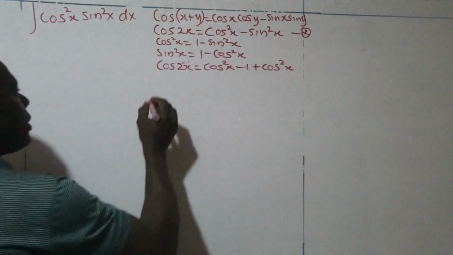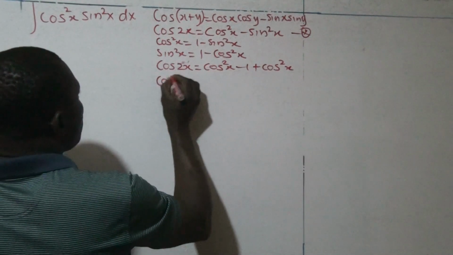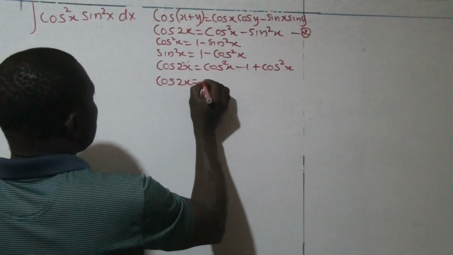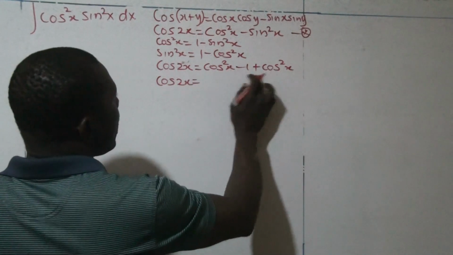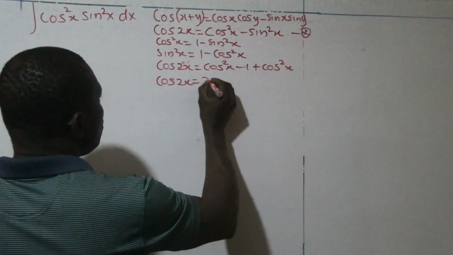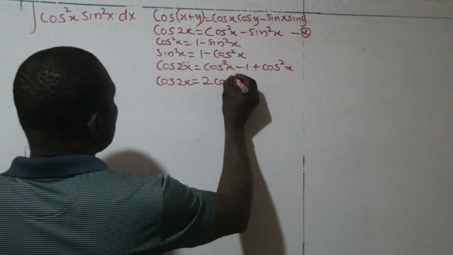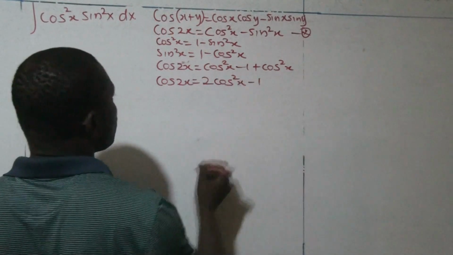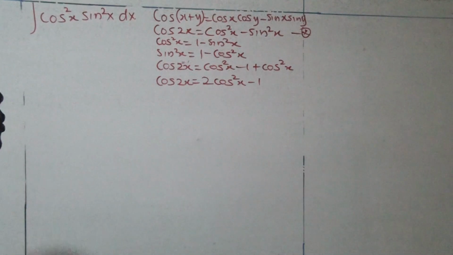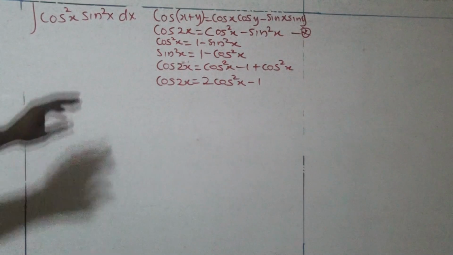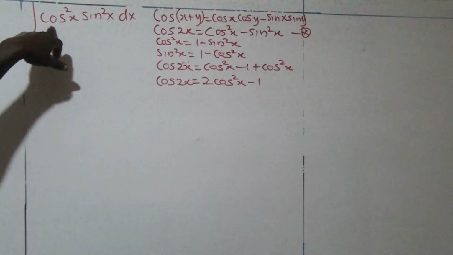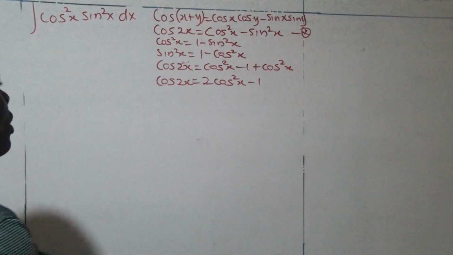Okay, so cos 2x is equal to cos squared x plus cos squared x, that will give us 2 cos squared x minus 1. We are looking for an expression for cos squared x.